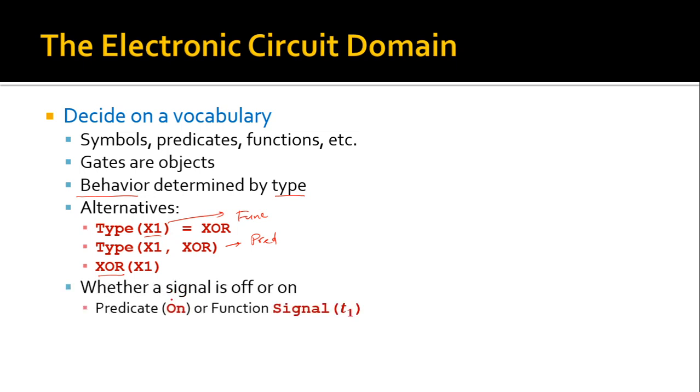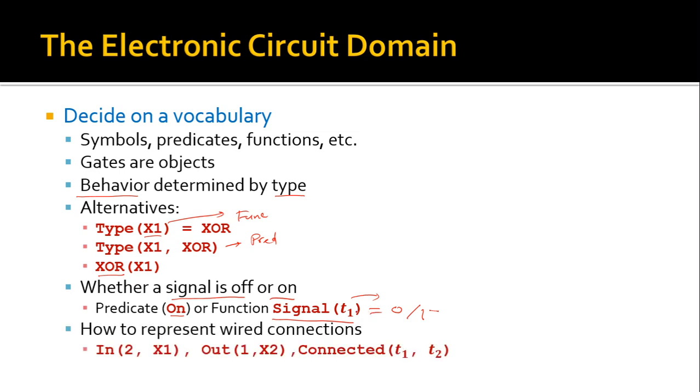So how do we model that a signal is off or on? So we can have a predicate, say, on, or a function, a signal t1, which might be assigned a value 0 or 1. If it is 0, then we assume it to be off, the terminal is off, or if it is 1, we can assume that the terminal is on, right? How do we represent the connections, right? So what is the input?